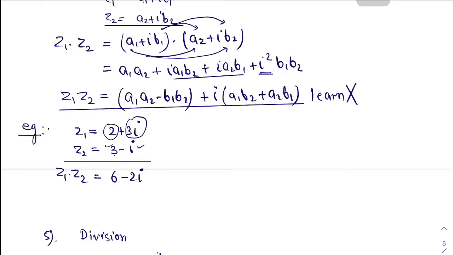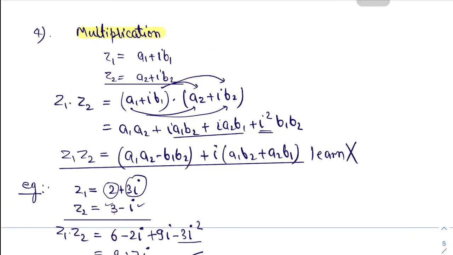Then I am going to multiply this 3 iota with both these terms: 9 iota and minus 3 iota square. Iota square is minus 1, so minus minus becomes plus. 3 plus 6 is 9 and 9 minus 2 is 7 iota. This is the answer. Okay, it's very simple.